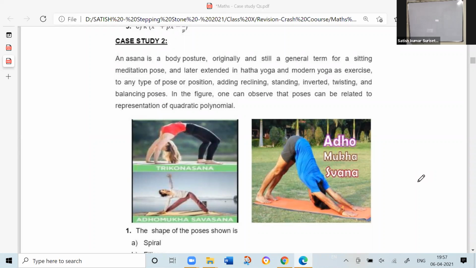In the figure, one can observe that poses can be related to representation of quadratic polynomial.